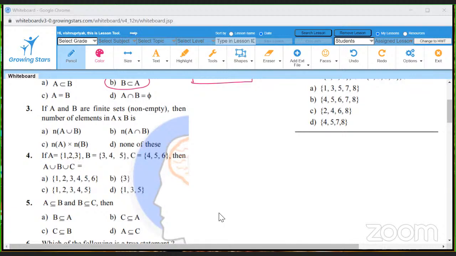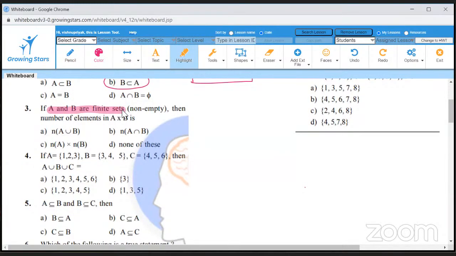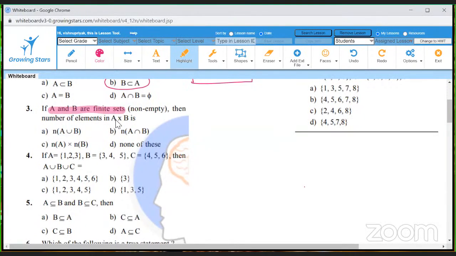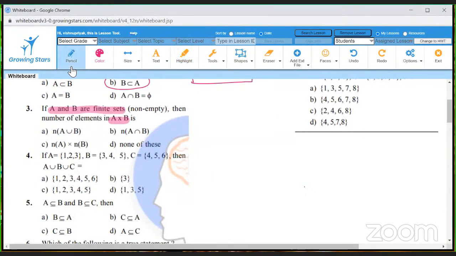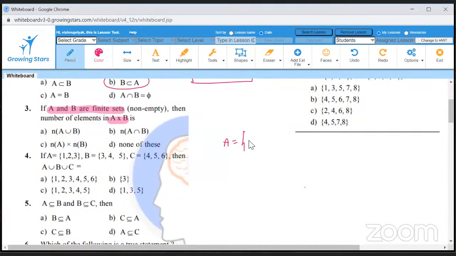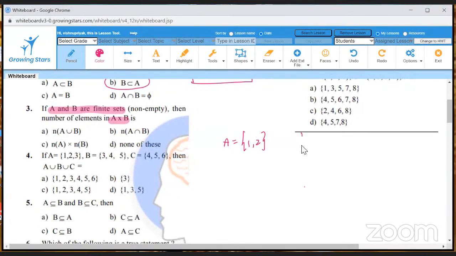Third one. Rakshita got A, Sagar got D. But both are not correct. A and B are finite sets. Number of elements in A cross B. What is A cross B? Suppose A is having 1, 2.